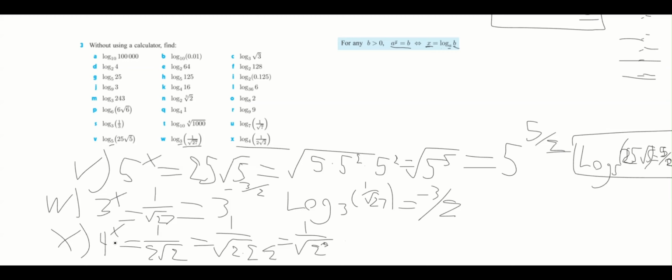Because it's 2 to the power of 3, that means we have to bring this down to a 2, so it'd be 2x.